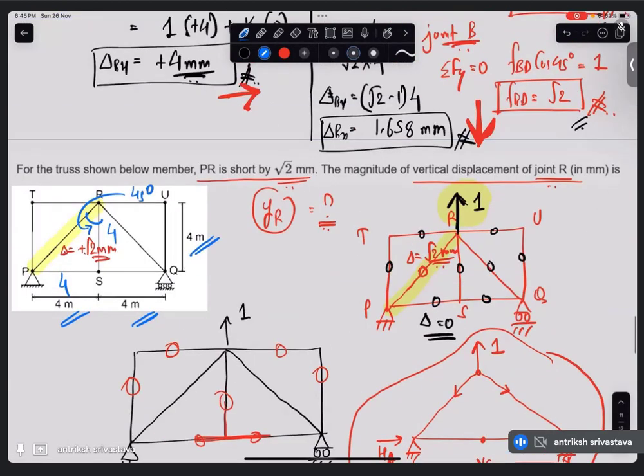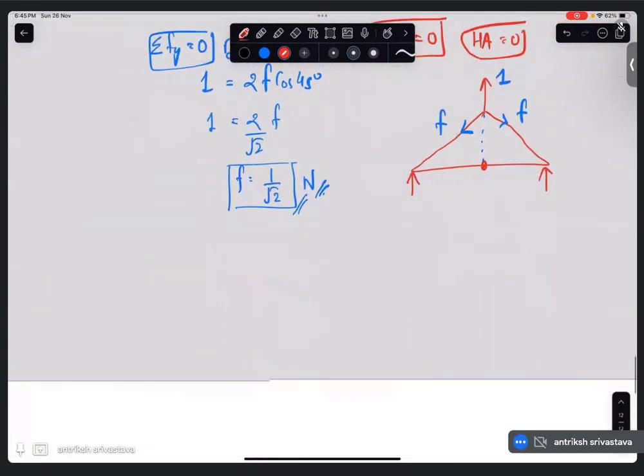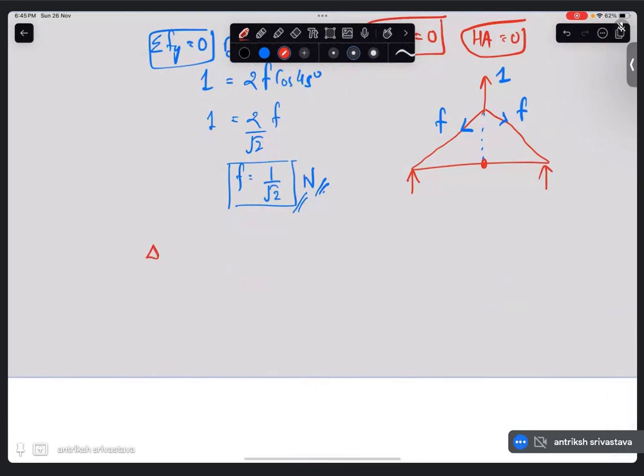So we have then identified the force developed in this member. Then what is the value of your delta? Delta R vertical, what is it? It is going to be sigma k_i times delta_i. All the delta_i's are 0. Only one delta_i is there, that is plus root 2.